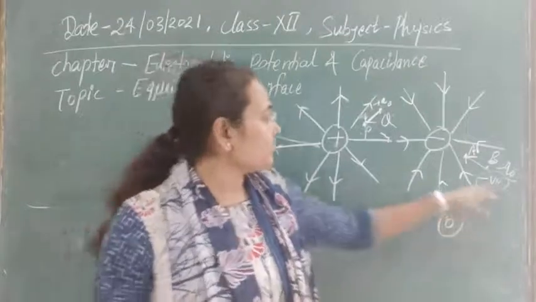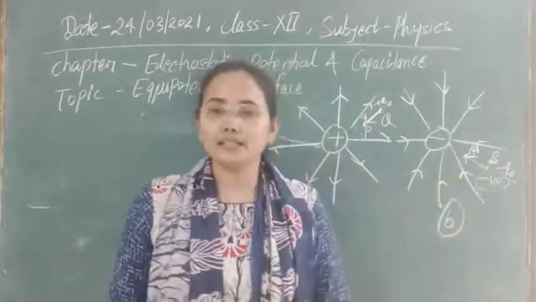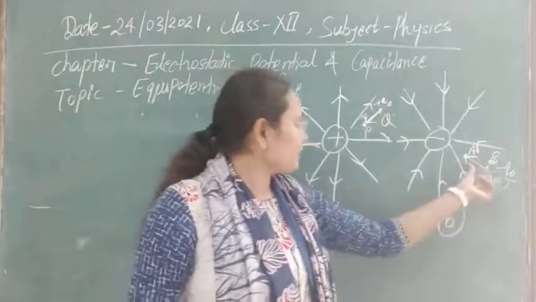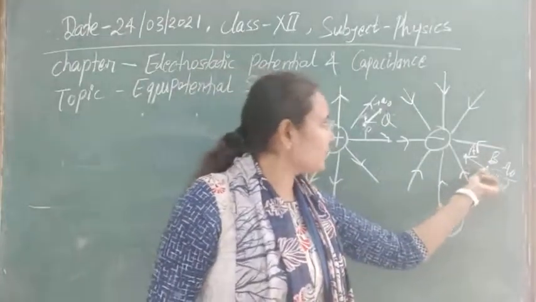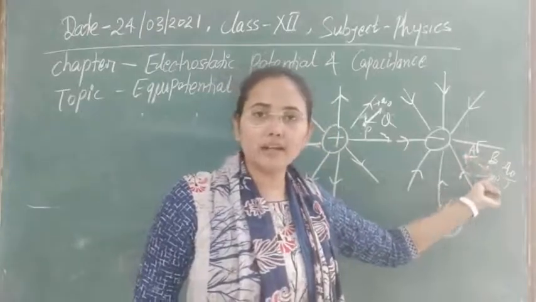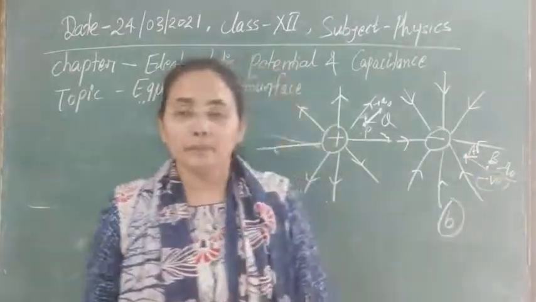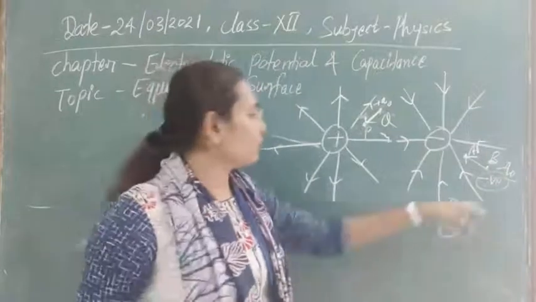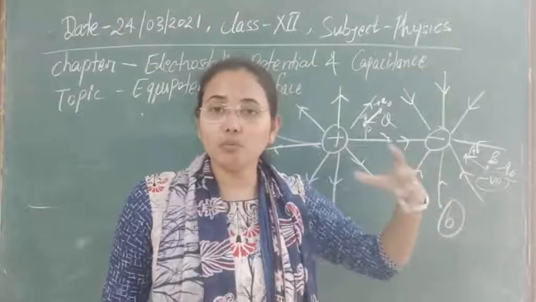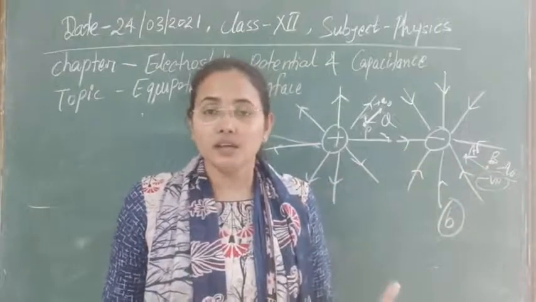As you know, kinetic energy is half mv square, and here you are seeing that the force of repulsion is greater at this point in comparison to point B, meaning whenever the particle tries to go from B to A, it will feel more retardation, more repulsion, more resistance.